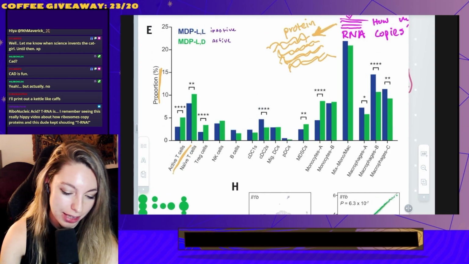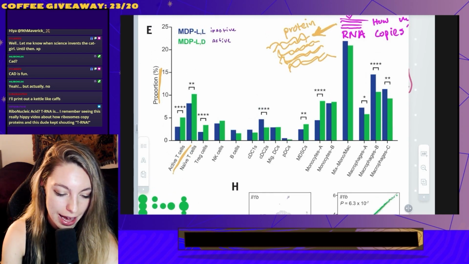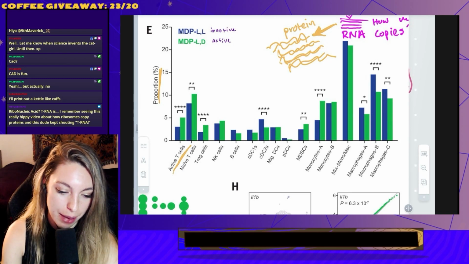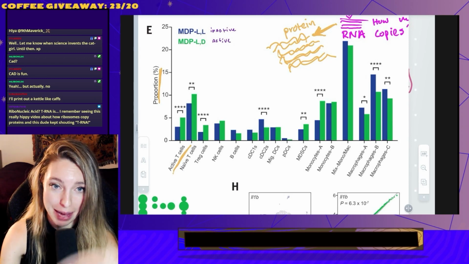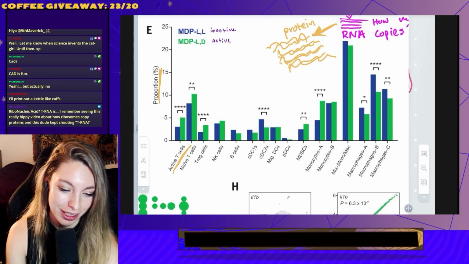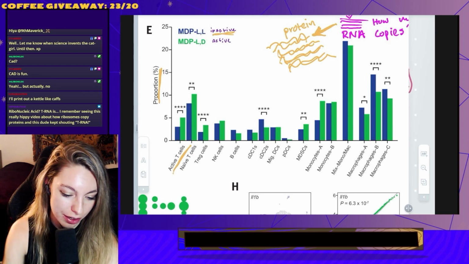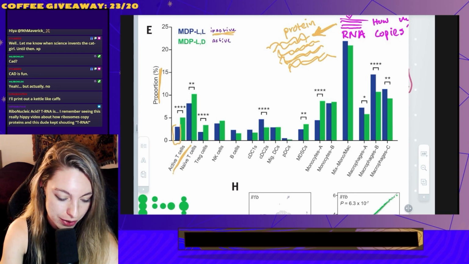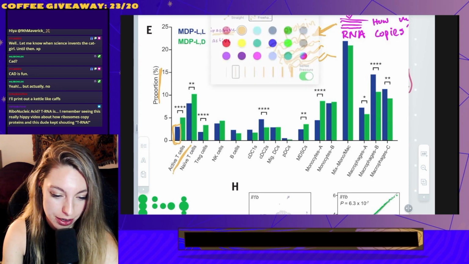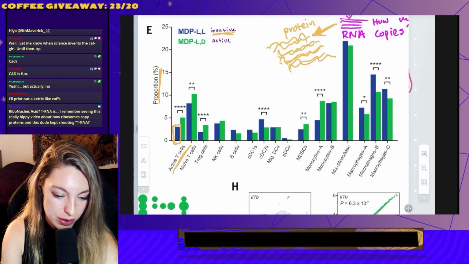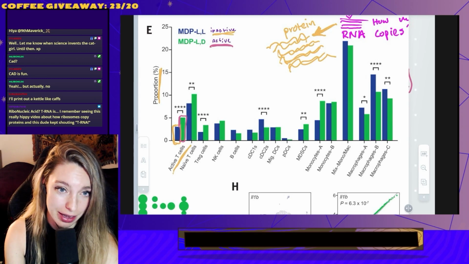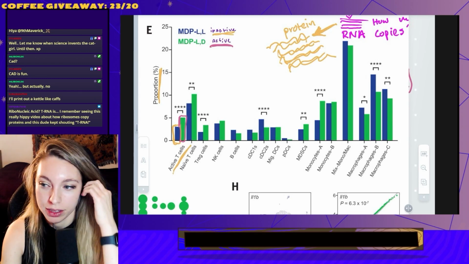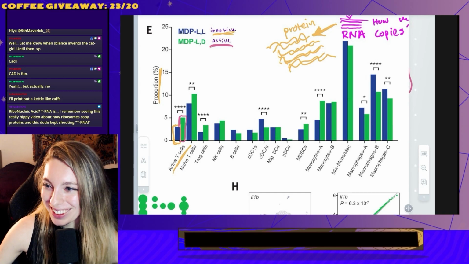The big takeaway is that when they add the inactive version of MDP, the little peptide made by SagA, which is made by Enterococcus, you can see just a small amount of these active T cell genes turned on. But if they use the active version of the peptide, there's now a significant increase in the amount of RNA being made for active T cells. Does that make sense?